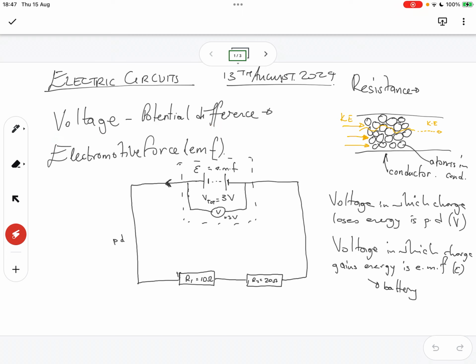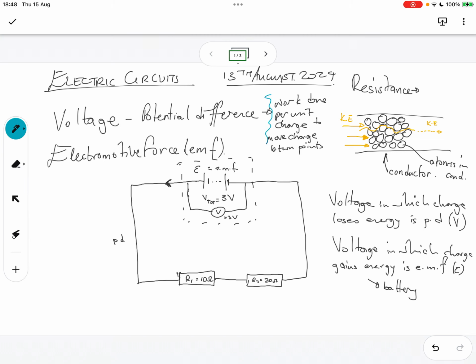Ne? Voltage is potential difference, which is the work done per unit charge to move positive charge from one point to another, so between points.